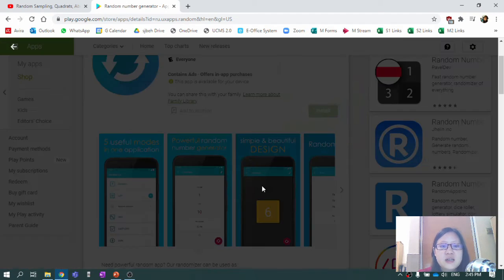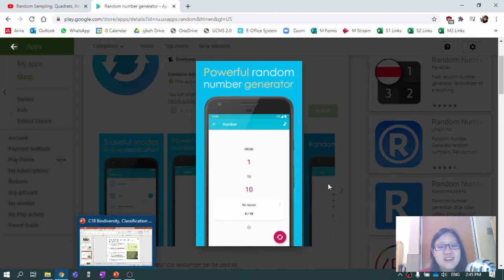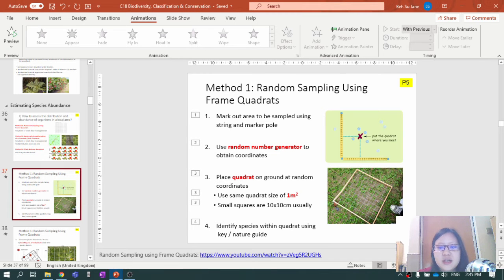And you can see here that you can actually set what number you want to start from to what number, and then you can randomly generate a number here. Okay, and then it will give you a random number for the y-axis, and you can do it again for the x-axis. Just change the range according to what you need. Yeah, so that's a number generator.